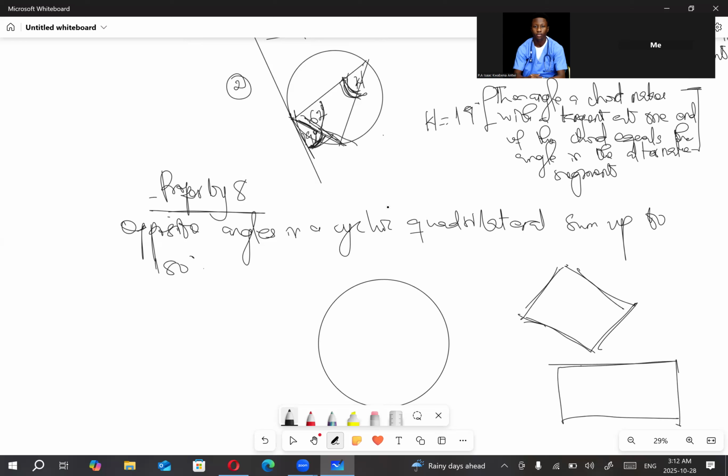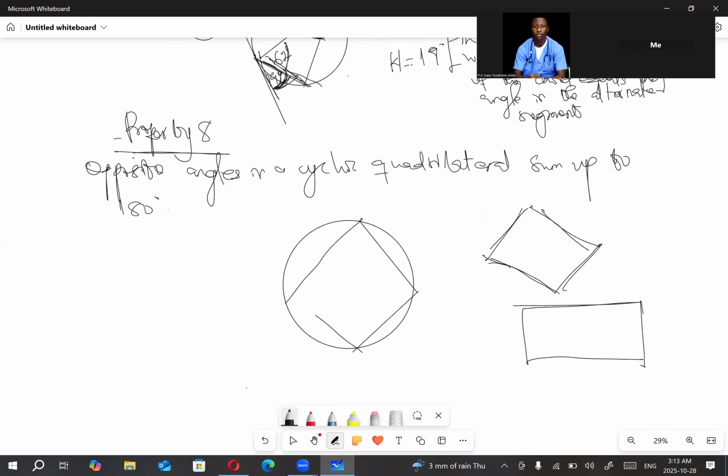Because it's four-sided. Now, let's have a quadrilateral inside a circle. You agree that this is a quadrilateral, right? This is a cyclic quadrilateral.